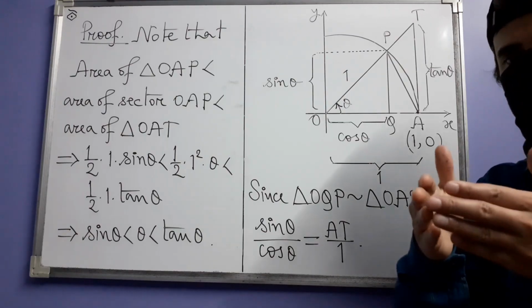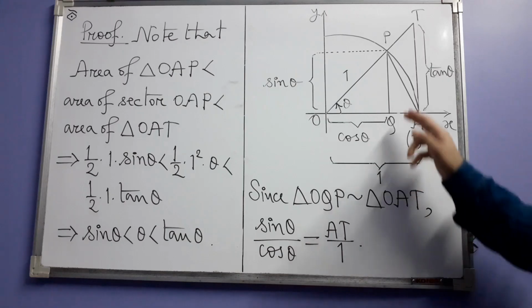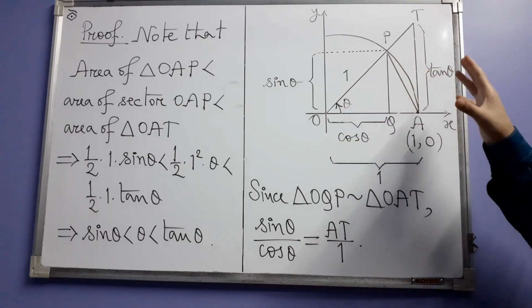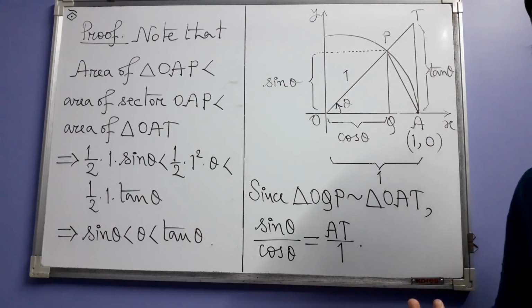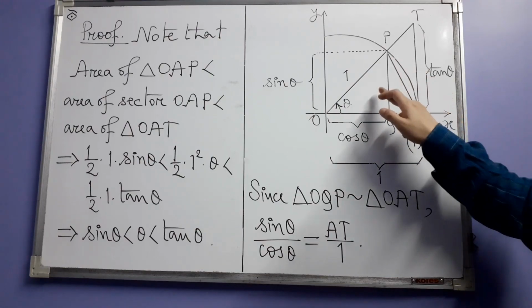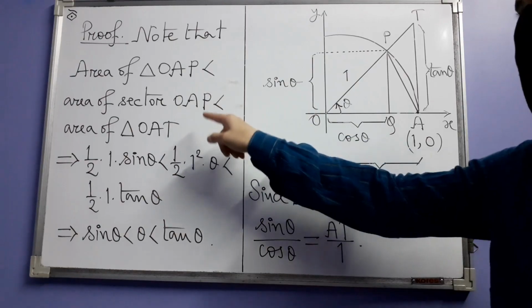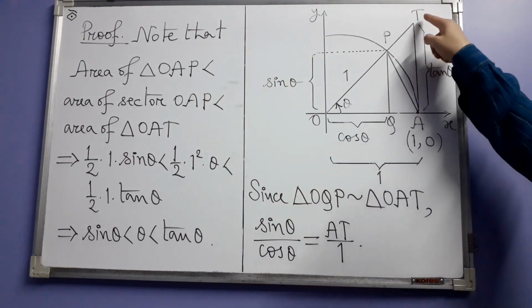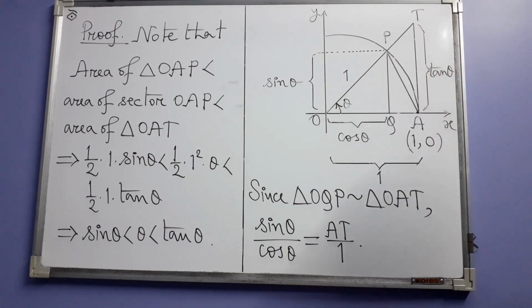So it's like a piece of pie or a piece of pizza. That is because this triangle is lying entirely within this circular sector, this piece of pizza, and there is some area that this triangle is missing. That is by strict inequality. The area of the pizza in turn is less than the area of this large right-angled triangle OAT.